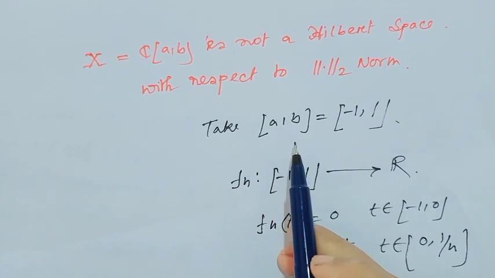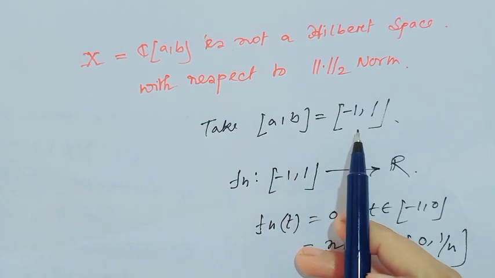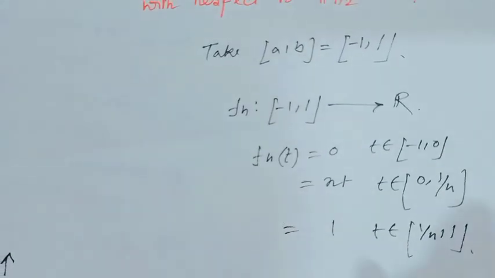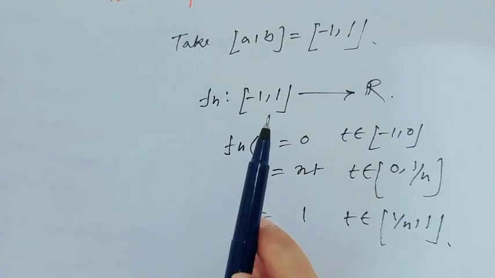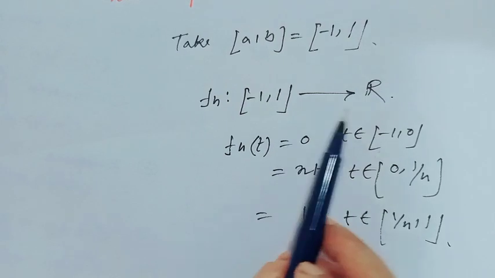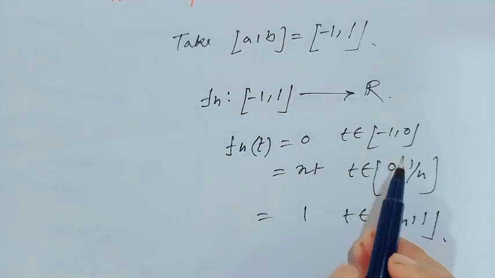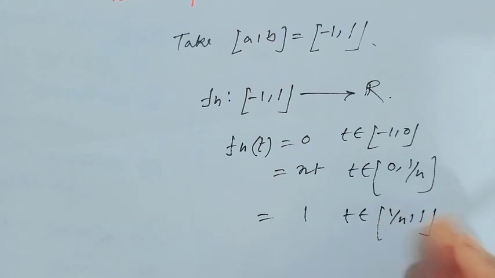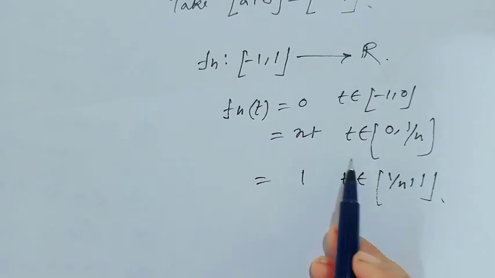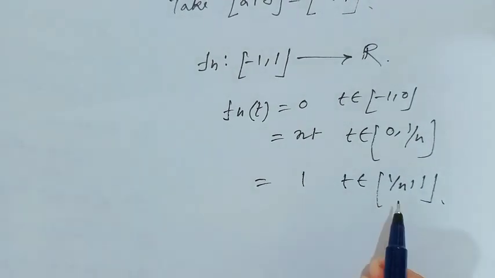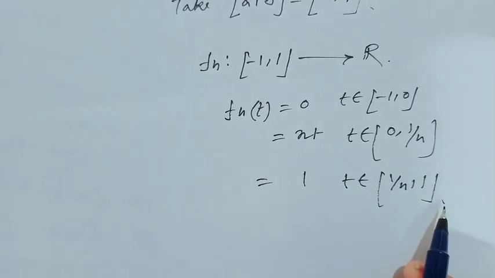Here, for a short calculation, consider [a,b] equal to [minus 1, 1]. For this, consider a sequence of functions f_n defined from [minus 1, 1] to R such that f_n(t) equals 0 where t belongs to [minus 1, 0], n t when t belongs to [0, 1 over n], and 1 when t belongs to [1 over n, 1].